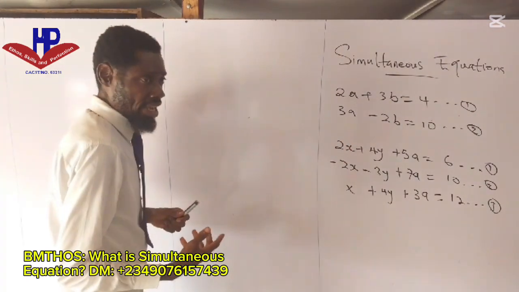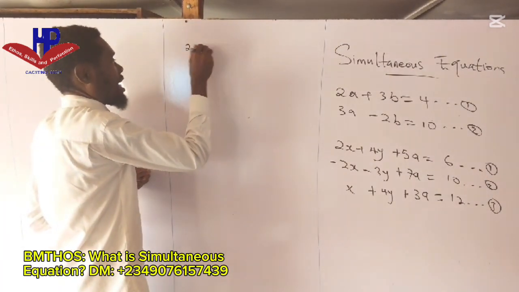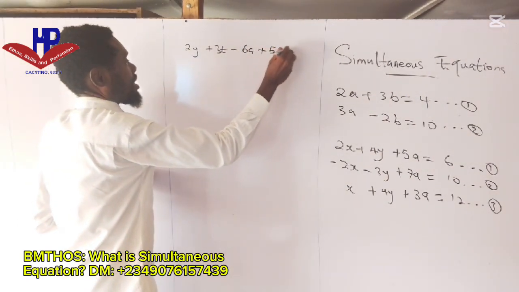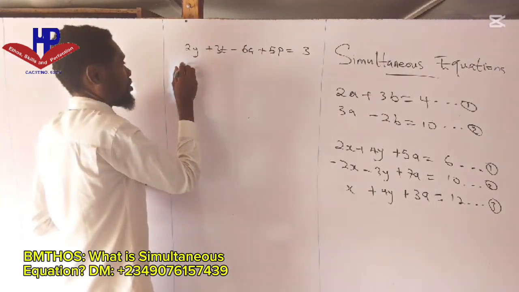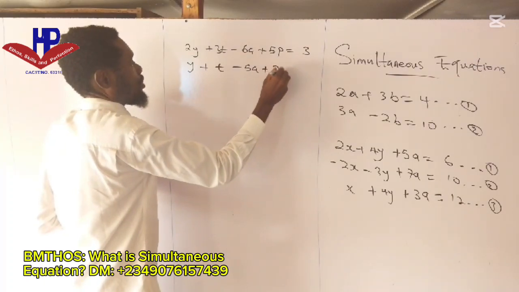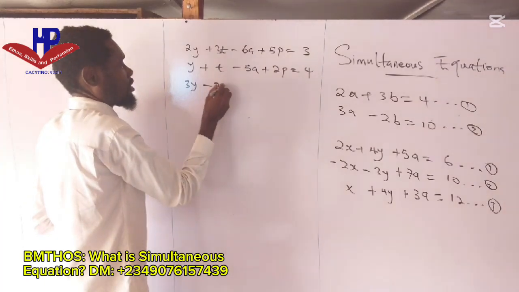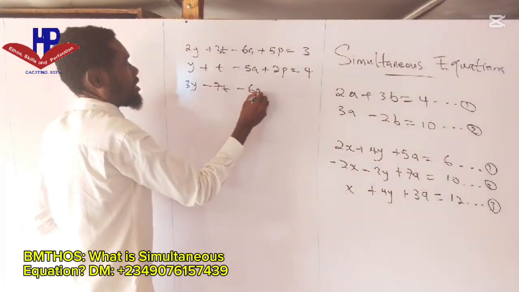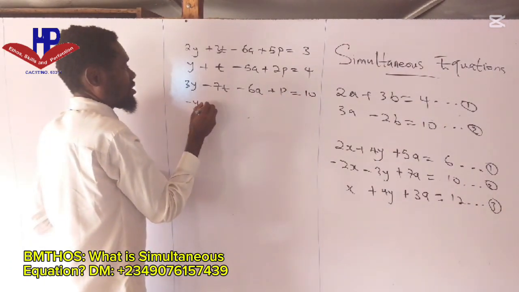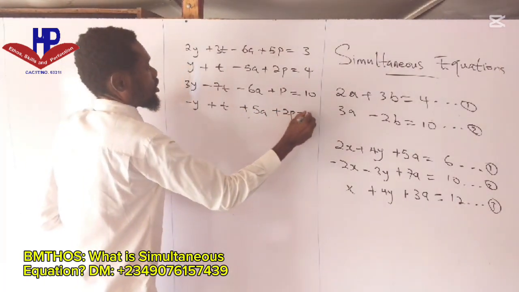We also can have it in four-equation form, like 2y plus 3t minus 6a plus 5p is equal to 3, y plus t minus 5a plus 2p is equal to 4, 3y minus 7t plus 6a plus p is equal to 10, minus y plus t plus 5a plus 2p is equal to 12.